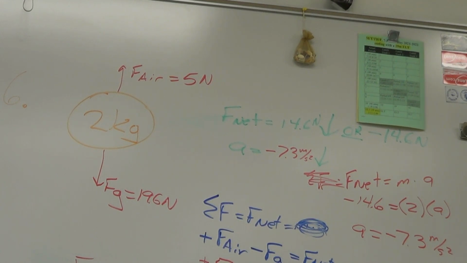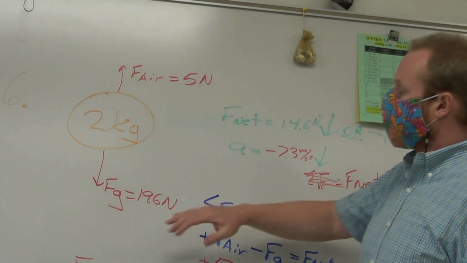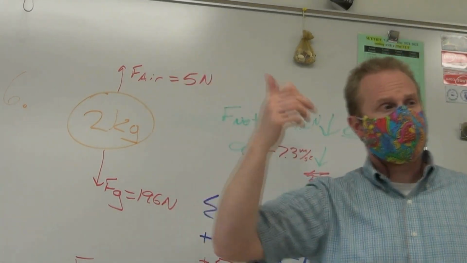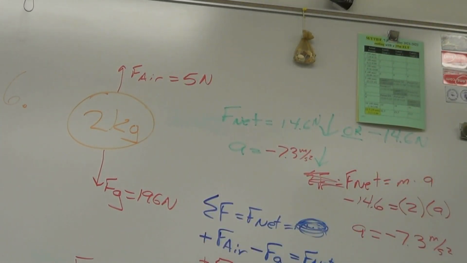The moment you jump out of the plane, I'm accelerating downwards at negative 9.8 meters per second squared. But as soon as you start going some speed, there's going to be some air resistance. You're going to go faster and faster, but your weight doesn't change, while your air resistance is going to increase and increase. And at some point you're going so fast that your air resistance equals your weight.